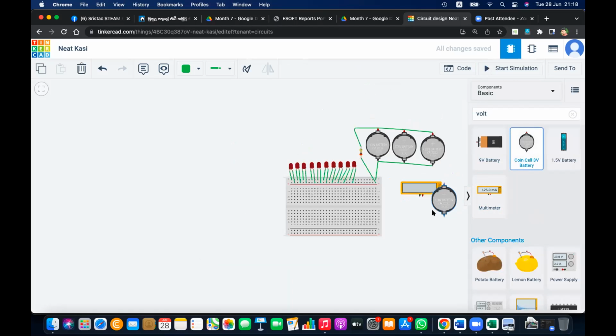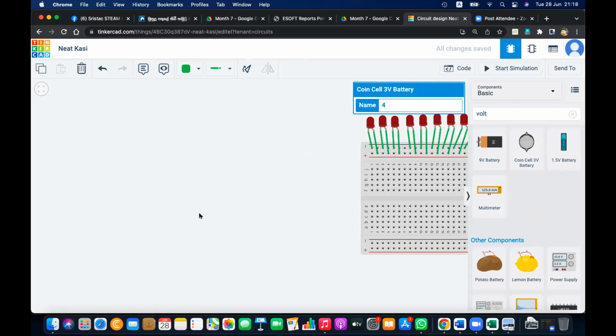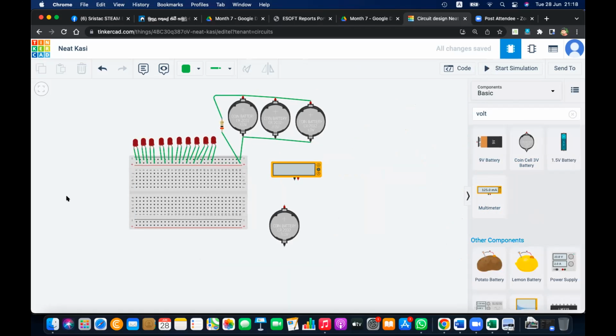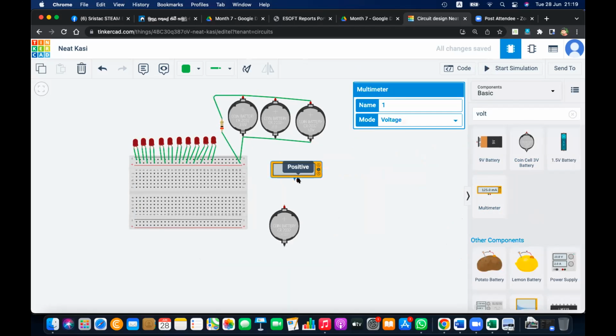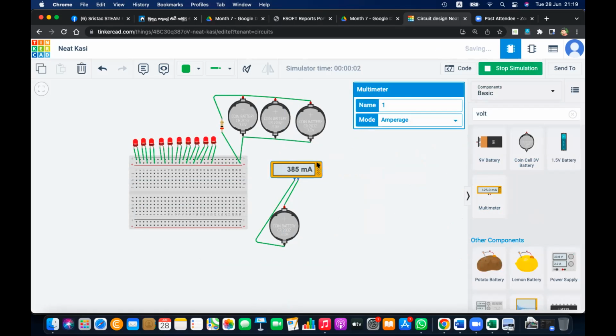So let's connect the coin cell batteries and use a multimeter to measure this. If you connect the positive to positive, negative to negative, let's start and you can see it has 3 volt, 300 milliampere.